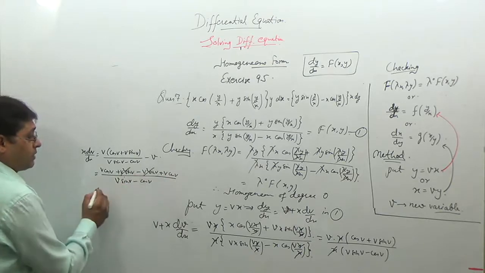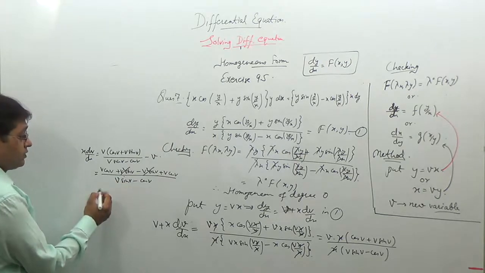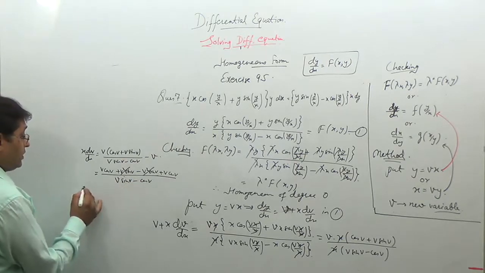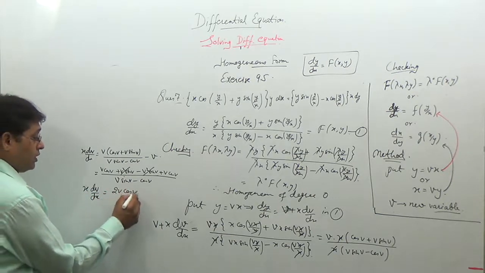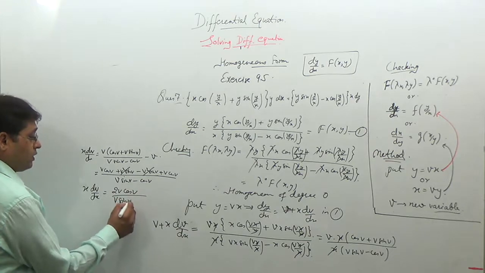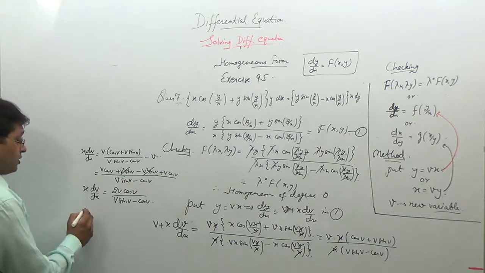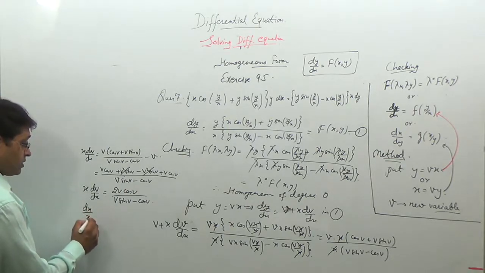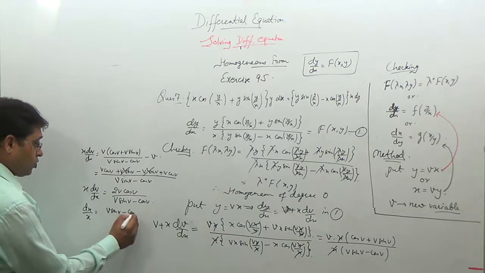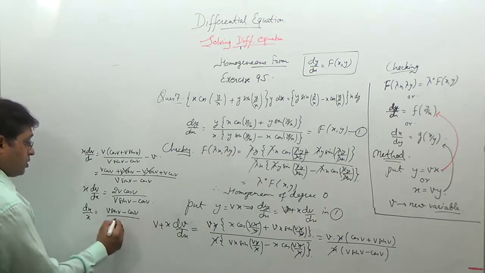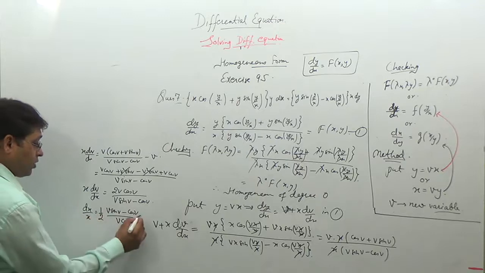V square sin v will be cancelled, so you will be left with x dv by dx is 2v cos v upon v sin v minus cos v. Now separate the variables, you will get dx upon x is equal to v sin v minus cos v upon v cos v, half can be taken out, dv.